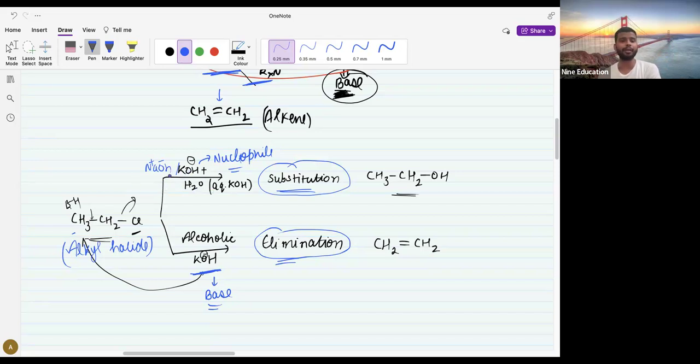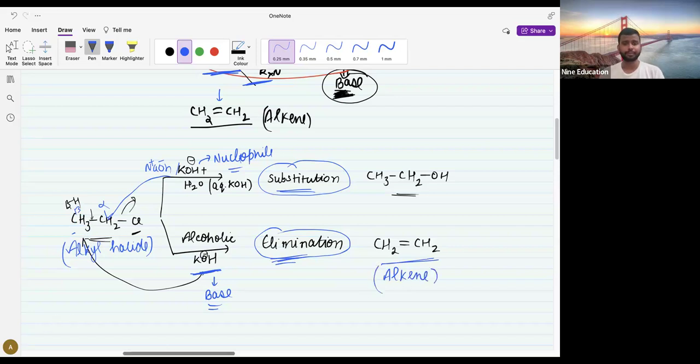If it attacks the carbon, it is called a substitution reaction. If it attacks a beta hydrogen, taking the beta hydrogen from here, where this is alpha and these are beta hydrogens, it will do an elimination reaction and make an alkene. Always remember this.